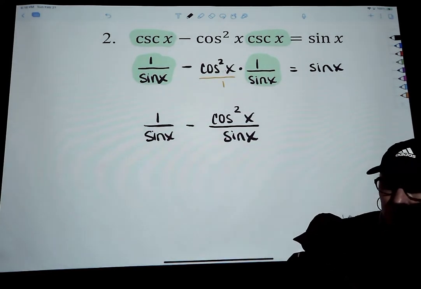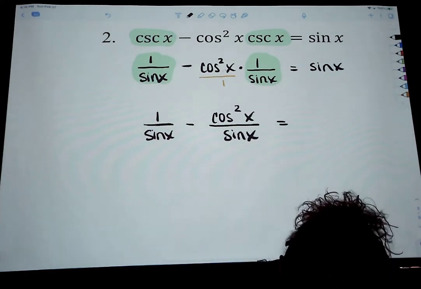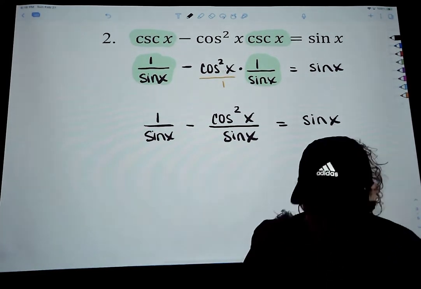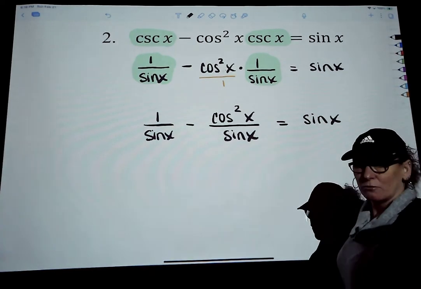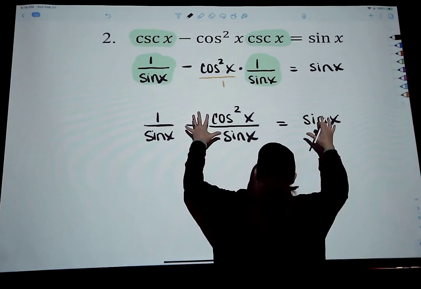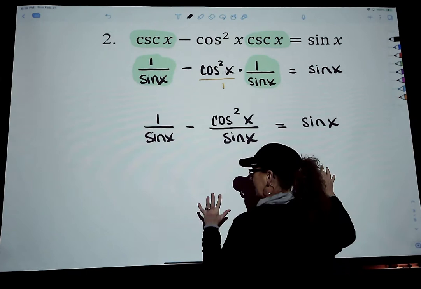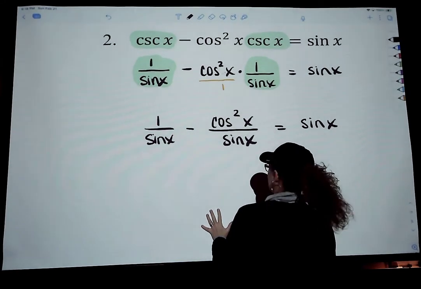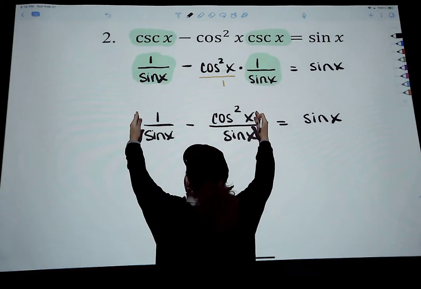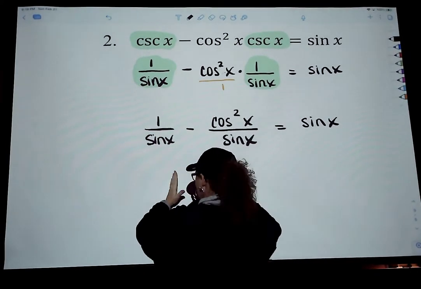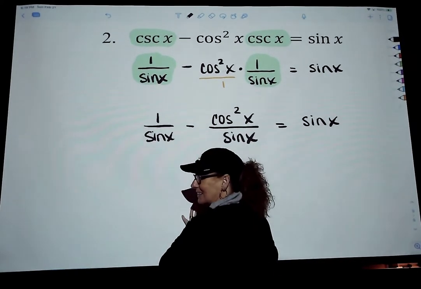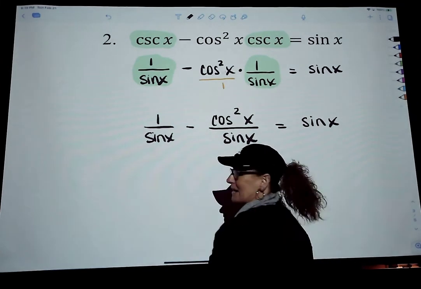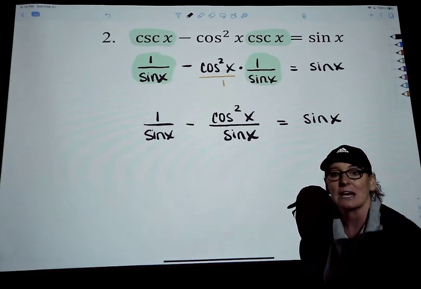I multiplied those 2 fractions together, equals sine of x. I still have work to do. I have to keep working until the left side completely 100% matches the right side. So this should dwindle down until it just says sine, because I want it to match the right side. But I just have to do that legally.